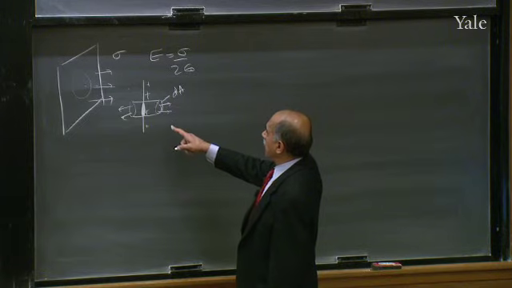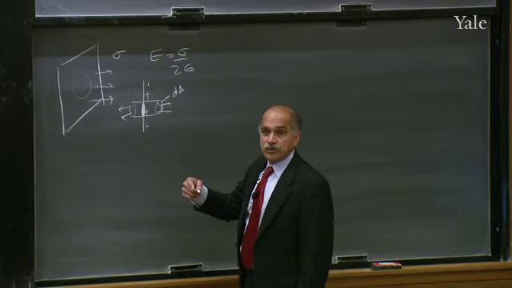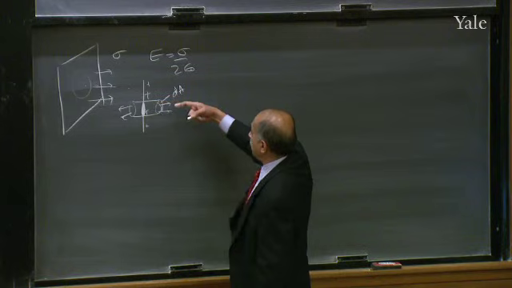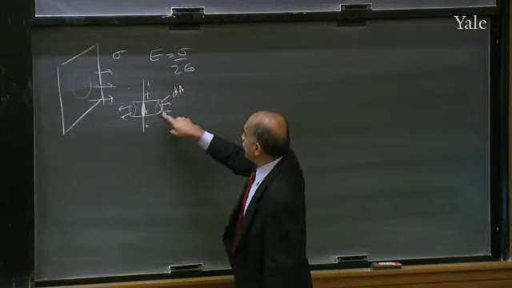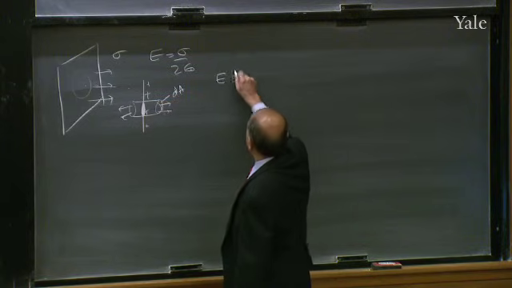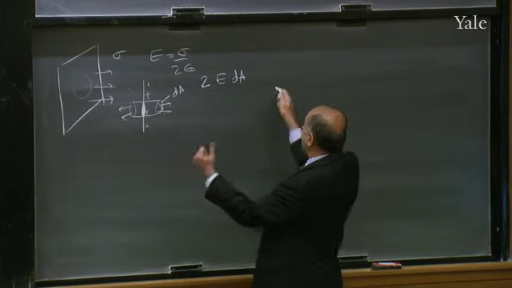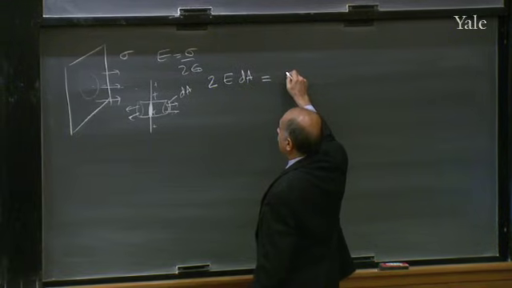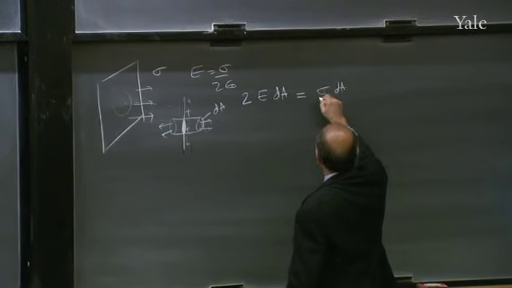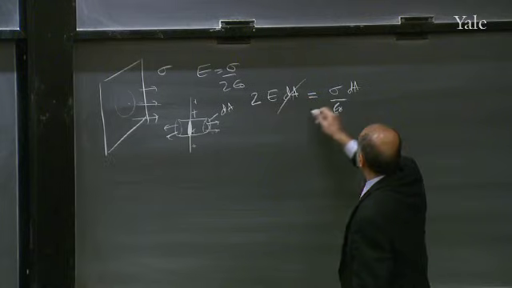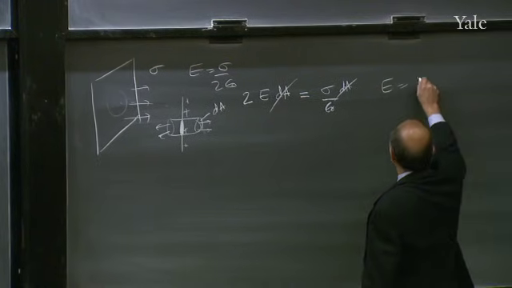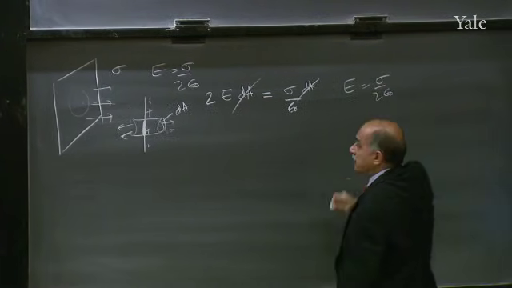Off the cylinder, I got the curvy sides with no contribution, because the field is parallel to the curvy side. I got the flat faces, so I get E times dA for one of them, and E times dA for the other one, because both are outgoing. That's equal to charge enclosed, which is sigma times dA divided by epsilon 0. If you cancel the dA, you find E is sigma over 2 epsilon 0.